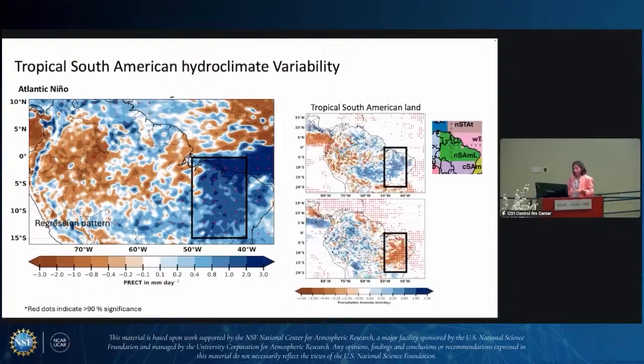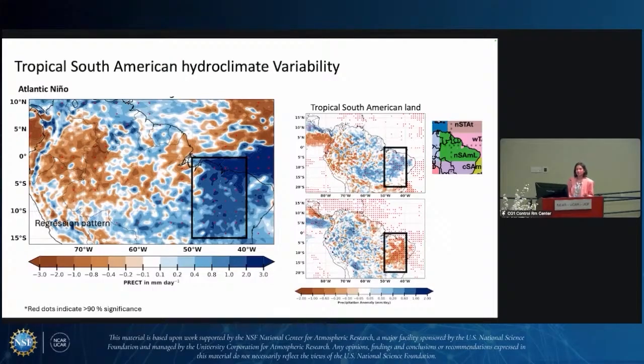So we do see a reduced negative anomalies, positive anomalies, increase in contribution from Amazon source box to this region during the positive phase of Atlantic Nino, and during Atlantic Nina there is a reduced contribution from the Amazon source box to the precipitation over eastern Brazil.